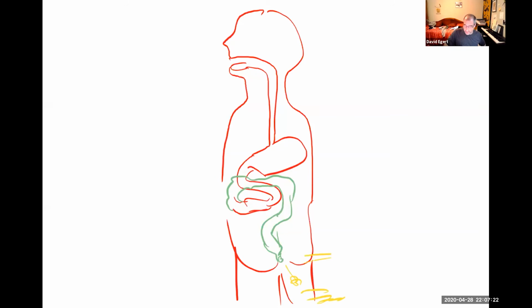This initial part here, the oral cavity and the esophagus, what kind of epithelium do you think is going to be lining those?